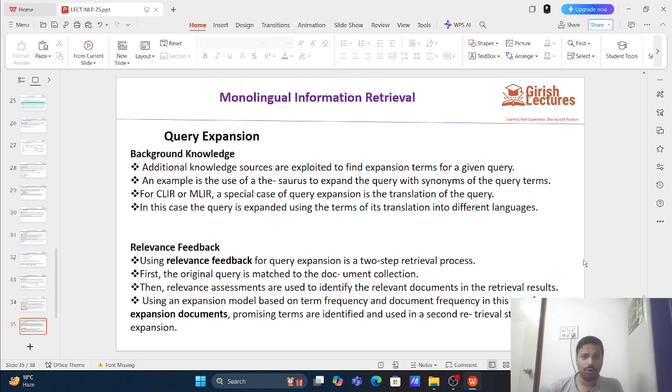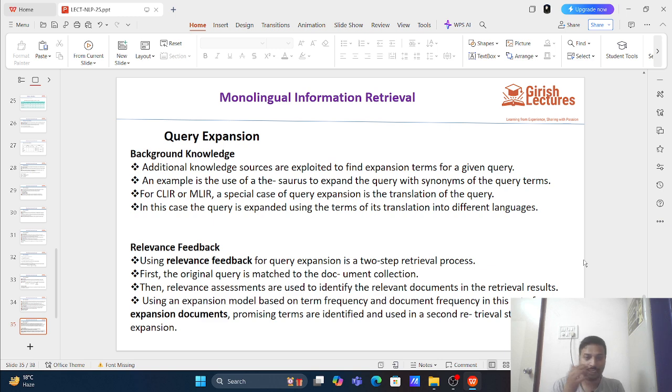Whatever background knowledge we have about the topic, for example a thesaurus of a given document, helps us understand the synonyms of the entire query. Because if you have a query or a question, every token we got will be understood through its synonyms.